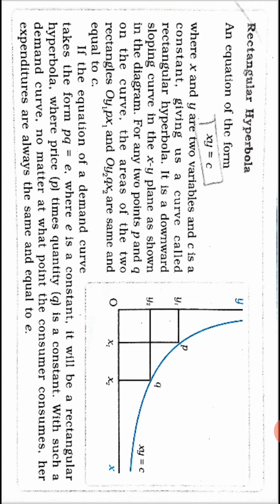Any point on this line is equal to the constant. That's why it is written as xy = c. That means any point on the rectangular hyperbola represents a constant.